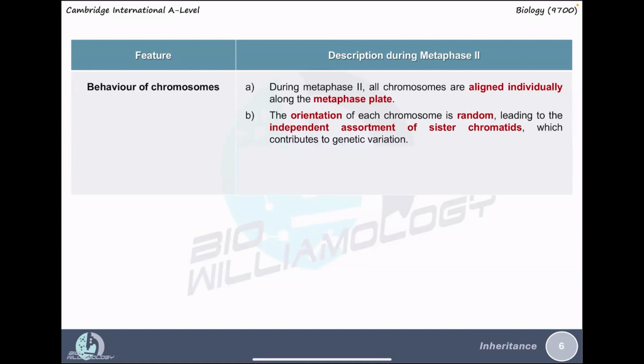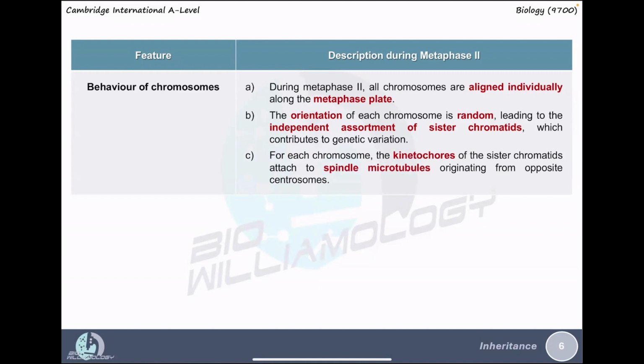This won't happen during mitosis because sister chromatids are identical to each other. However, due to crossing over, the sister chromatids are no longer identical. So the alignment of these chromosomes at the metaphase plate during metaphase 2 contributes to genetic variation.